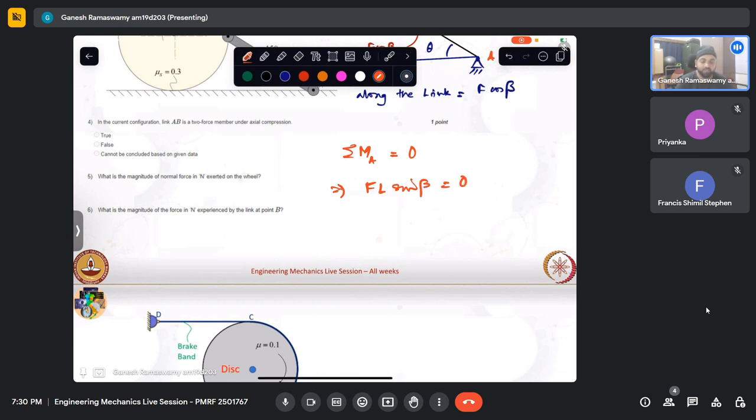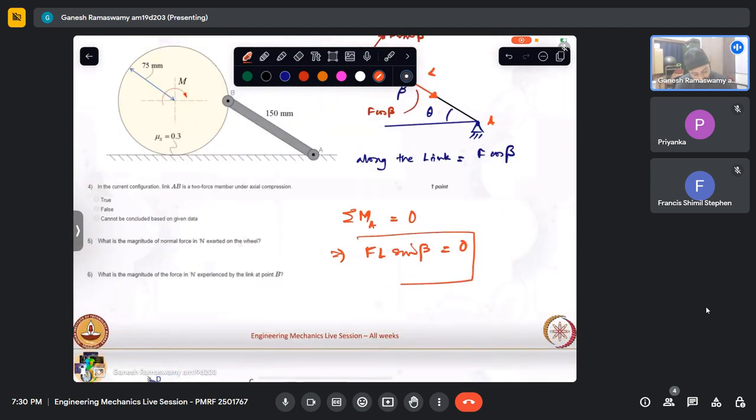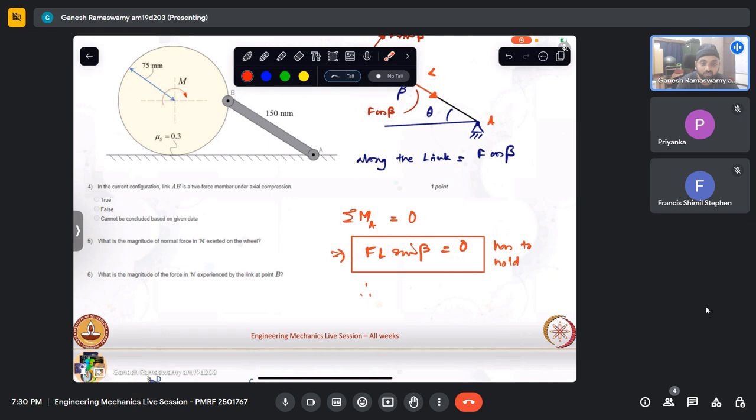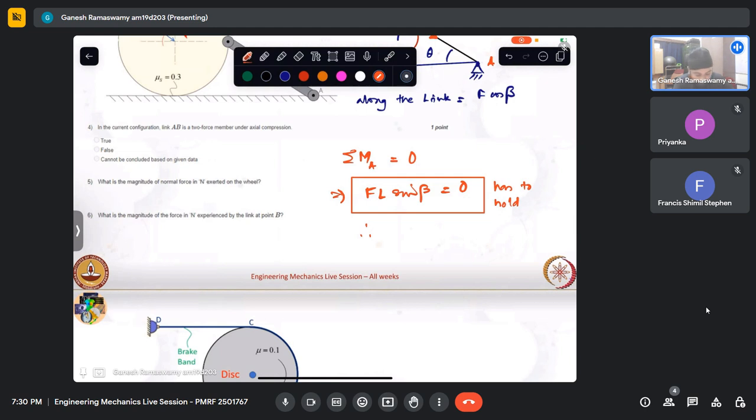So for this to hold, what has to go to 0? Since F and L are non-zero, because there is a force that this member will carry, and L is a physical dimension which is non-zero, therefore sin beta must go to 0, which implies that beta is 0.